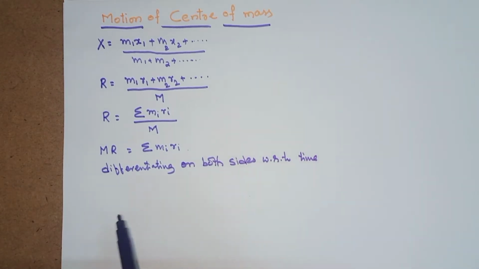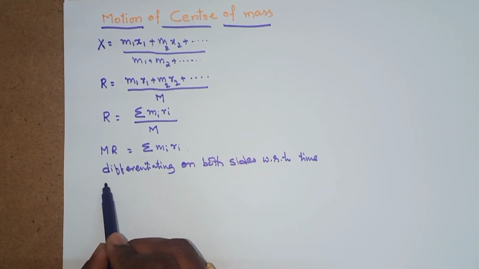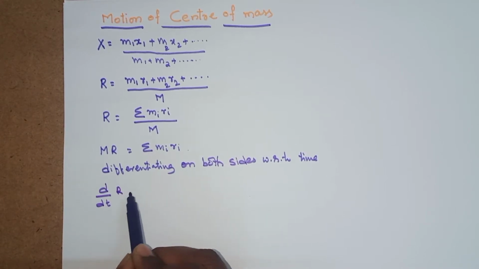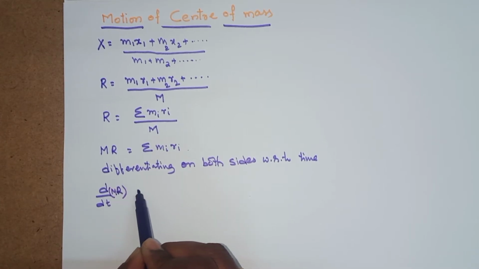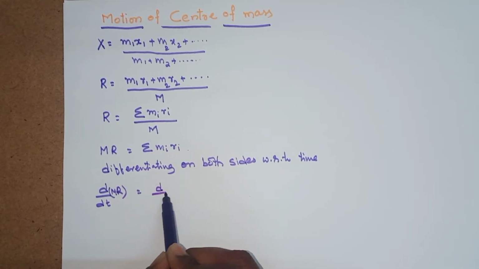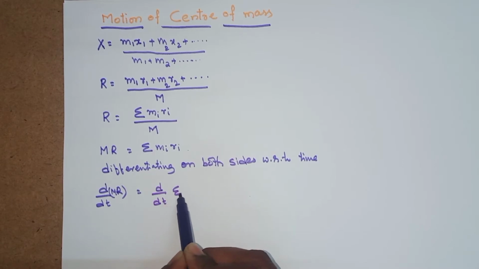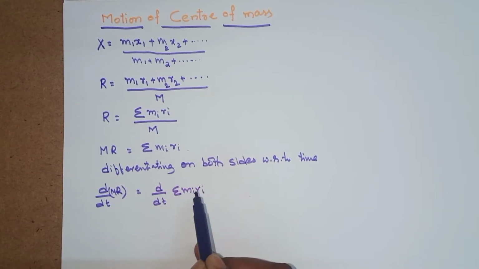With respect to time, d by dt of M R is equal to d by dt of summation mi ri.